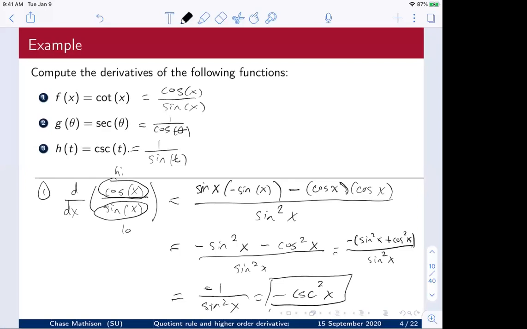Whereas the derivative of tangent of x we found the other day was secant squared x. There's no negative. Okay, so this is not some magic about the letter C, but it's a fun way to remember that if you take the derivative of a trig function that starts with the letter C, you need to put a negative in front of it.